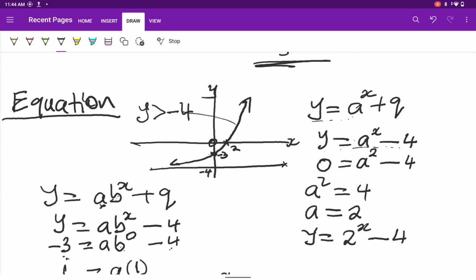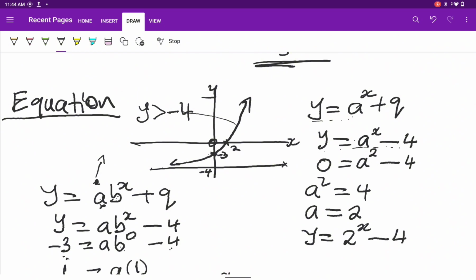So it's very easy to get the range. Just check whether the graph is drawn above or below, or check the value of a. If a is positive, then it's above. If a is negative, then it's below.